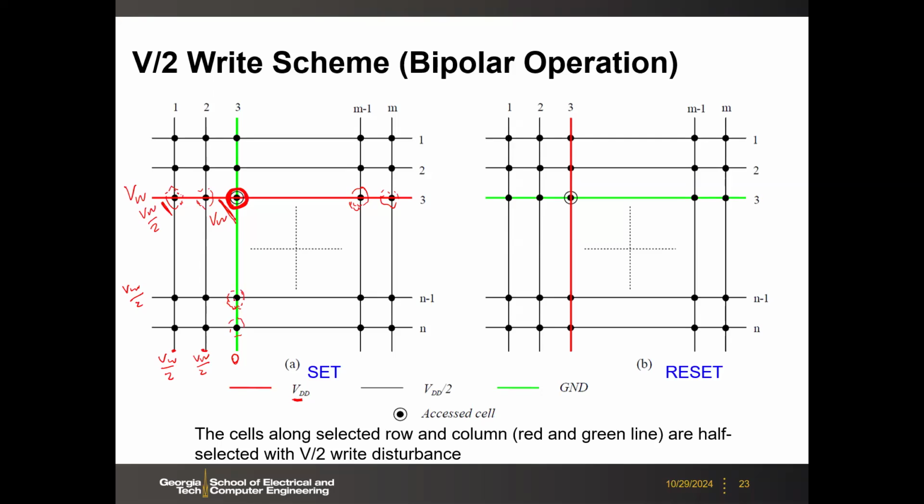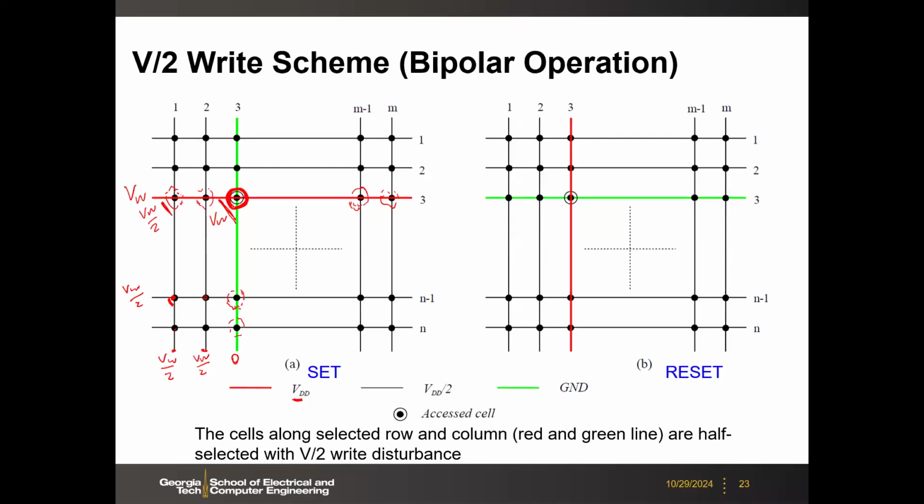So those won't be programmed. And then for the totally unselected cell, which is outside this selected column or selected row, for example, those ones, you see that they will have 0 voltage across that, right? Half V and half V. Then they will have 0 voltage across that. So you only have the selected row and selected column under the half select condition.